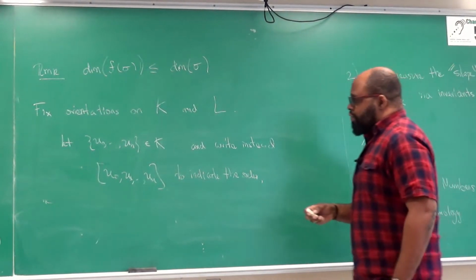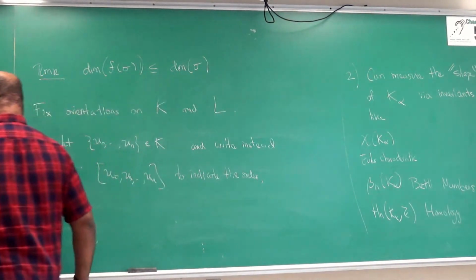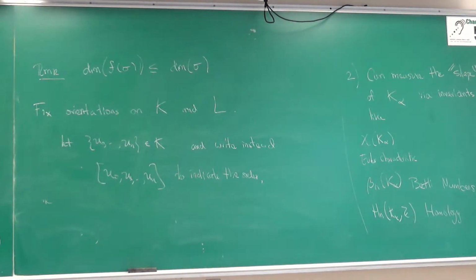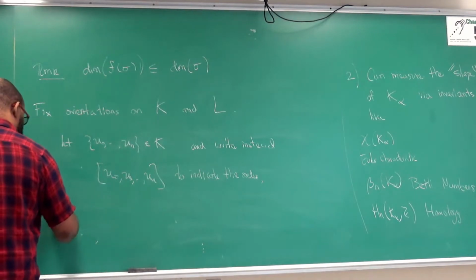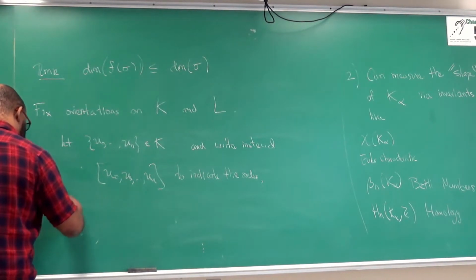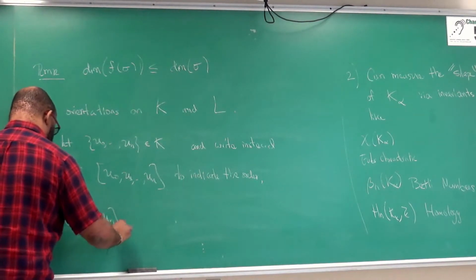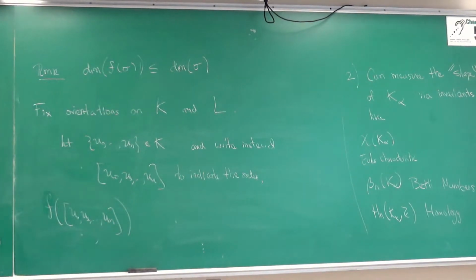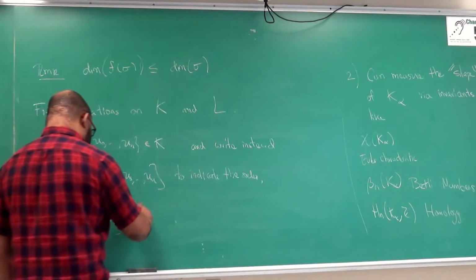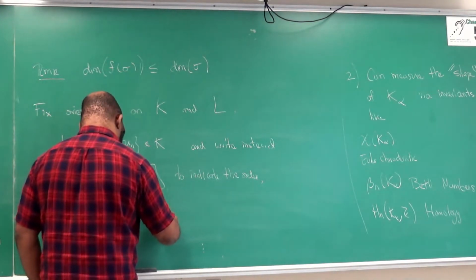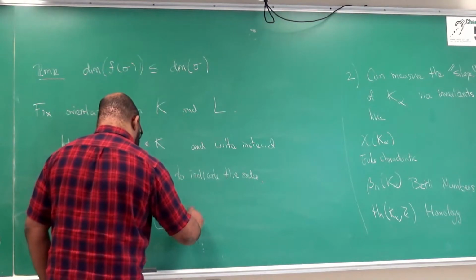Now, if I apply my f, my simplicial map, to this simplex, so f applied to u0, u1, un, it is of course given by its values on the vertices.